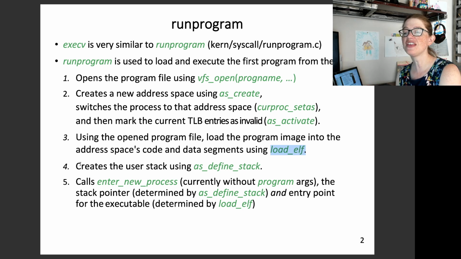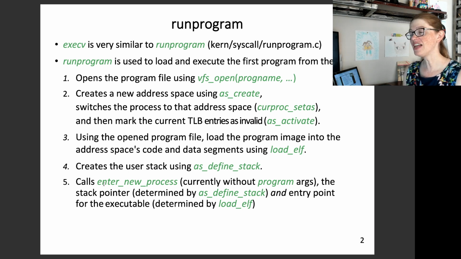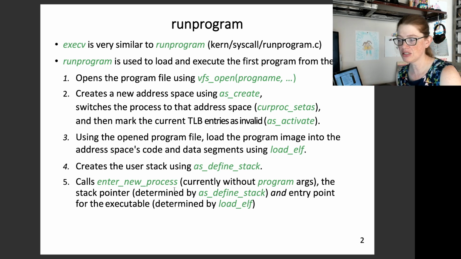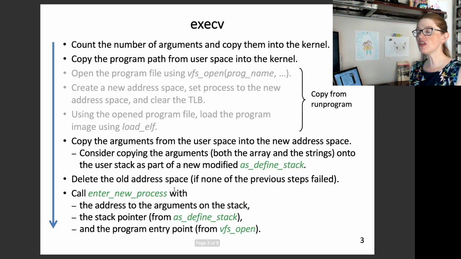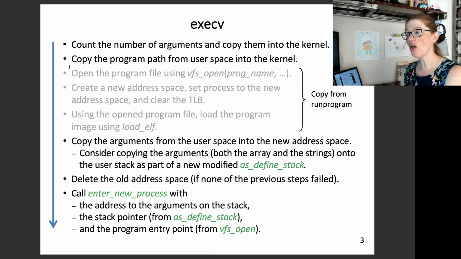We create the user stack by calling as_define_stack. And then finally, to start executing this new program, we call enter_new_process so that we can move the program counter to the entry point.